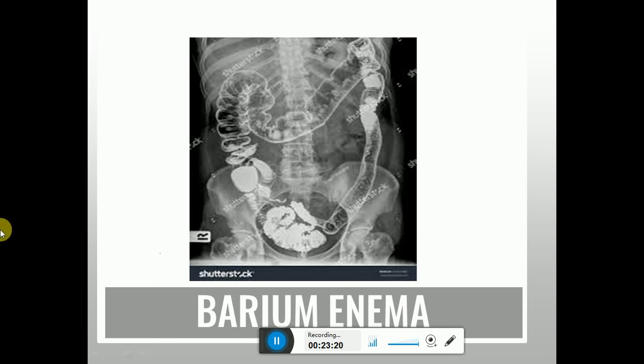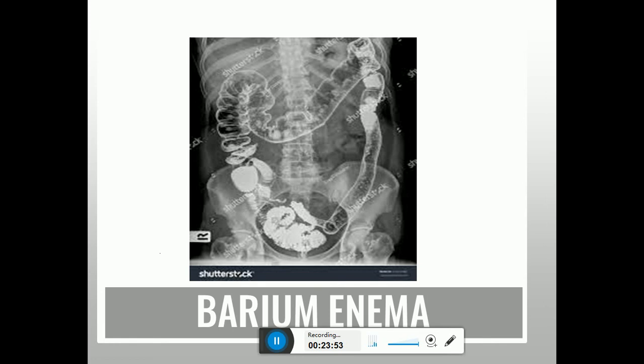We see very clearly the rectum and the sigmoid colon. The rest of the parts of the colon can also be visualized, and we can clearly make out the haustrations and sacculations. Haustrations can be clearly seen when we are visualizing under barium enema.